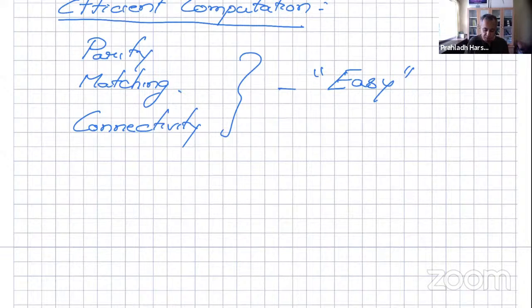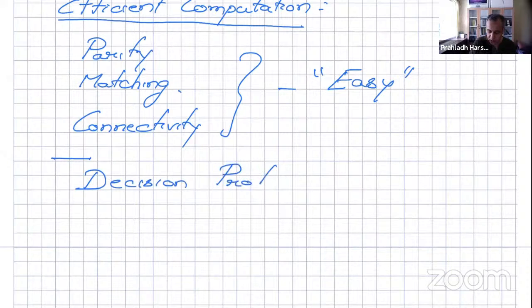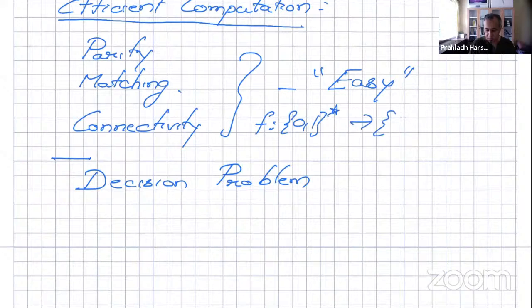So what we'll work with is what are called decision problems, problems which have just 0-1 answers. So far, all of these are problems of the form f going from 0-1 star to 0-1 star. That is, given some input, you want to go to some other output. Whereas now I want to work with decision problems, that is, problems which have just 0-1 answers.